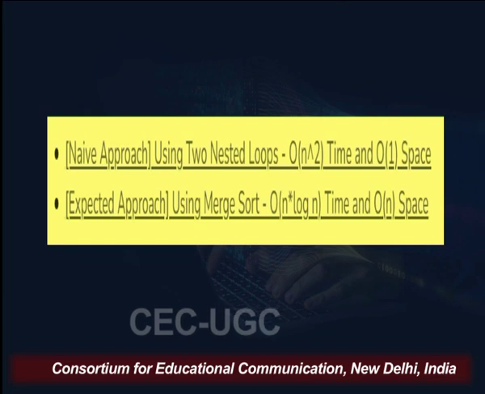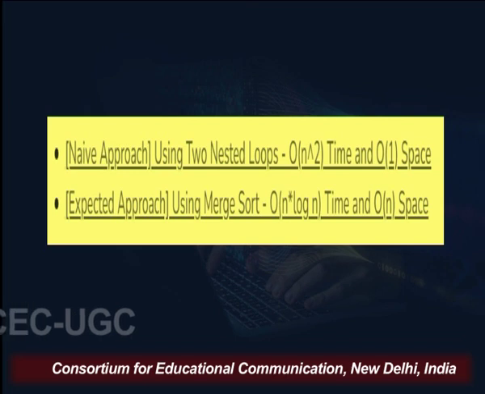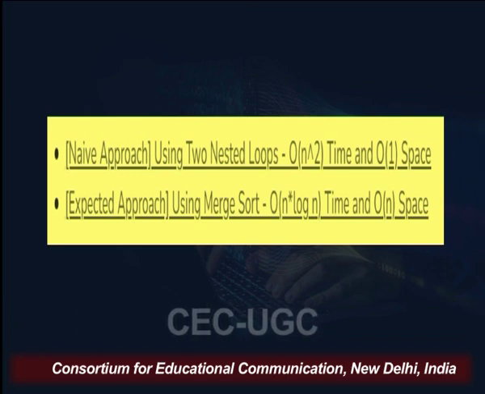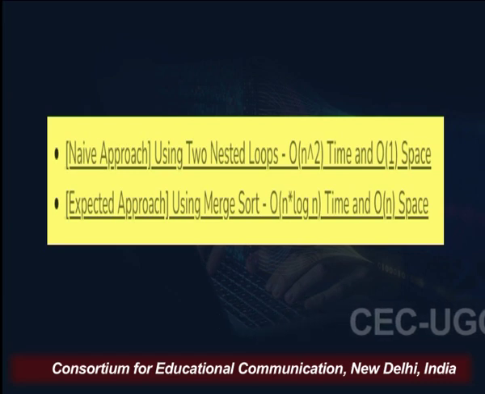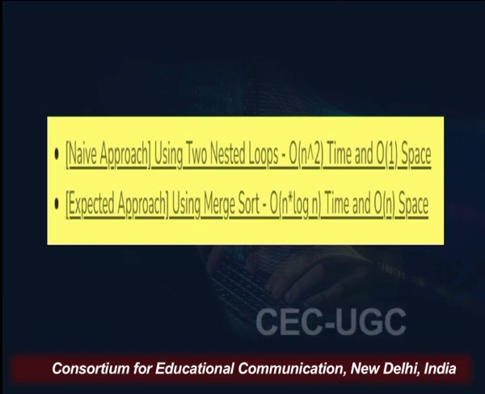So, order n space is required when using the expected approach with merge sort, and the time complexity is order n log n. With the naive approach of two nested loops, order n square is the complexity, but the space is order 1. So, as usual, the trade-off is between time complexity and space complexity. Now we are going to look into these methods one at a time.